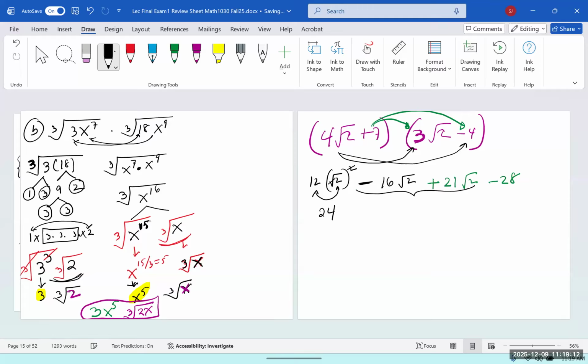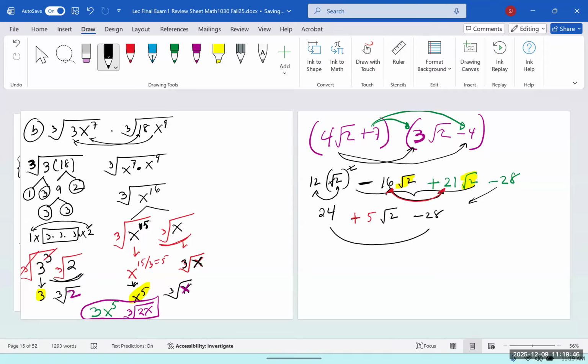In the middle, you have like terms because they both have square root of 2. So you keep your square root of 2 and then you combine their coefficients. We have negative 16, positive 21. So the answer is positive 5. So we get them from here. And then lastly, we bring down our negative 28.